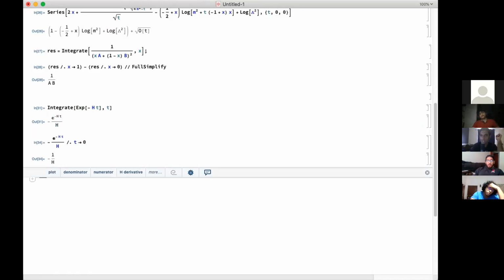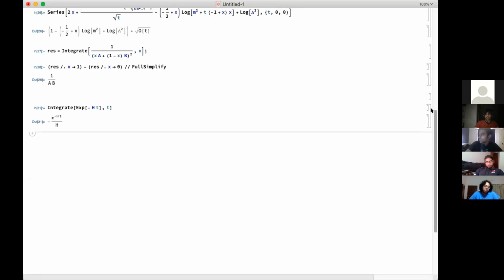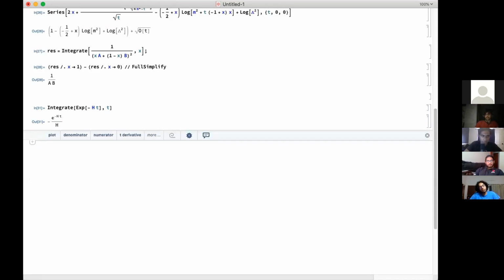So if I take 0 to infinity, the integral of e to the power minus Ht, which is a continuation of e to the power iHt, gives you 1 over H. And remember that we were doing this with the non-interacting Hamiltonian, H0, and that was giving us a propagator. So really the propagator is like 1 over the momentum space representation of your free Hamiltonian, right? And that's always true. In quantum mechanics, that was true. In field theory, that's true, and so on. So now let's rediscover where that's coming from in the worldline formalism.